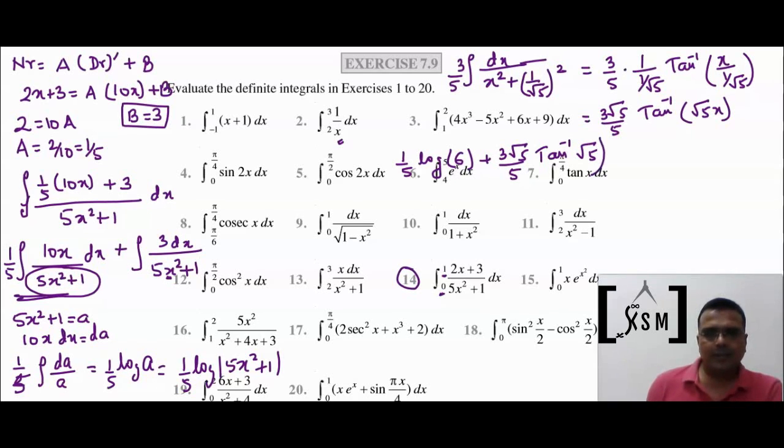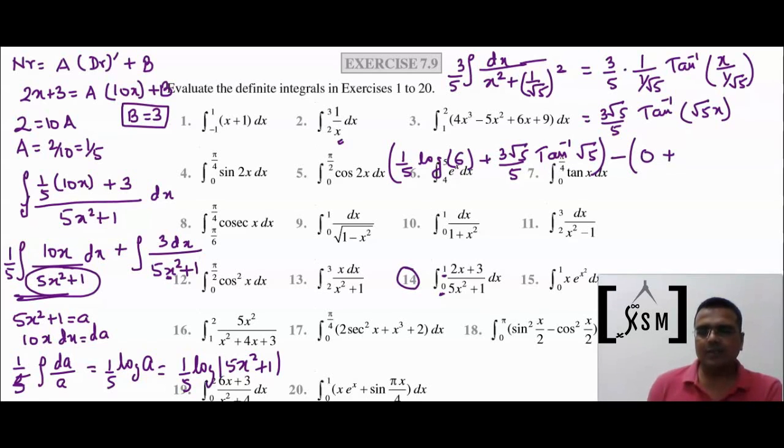Now we'll put the lower limit value. So when we put 0 into the first part, this entire thing would become log 1, and log 1 we know is 0. So I'm just writing 0, and then plus here, when we put in x as 0, we'll get tan inverse 0. Tan inverse 0 is 0.